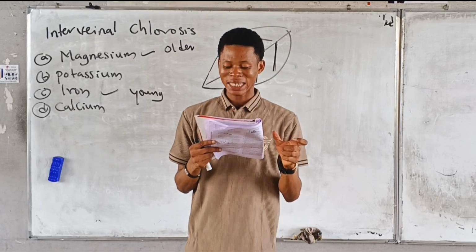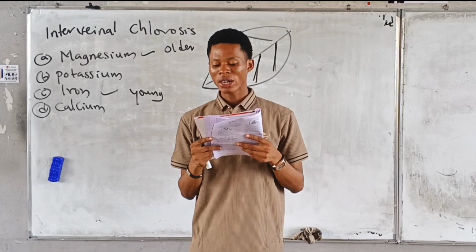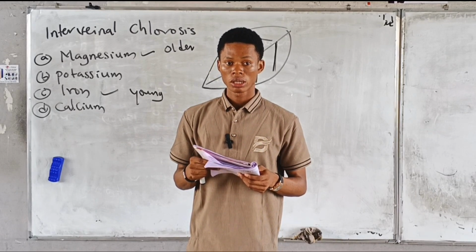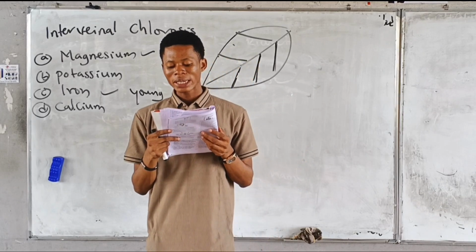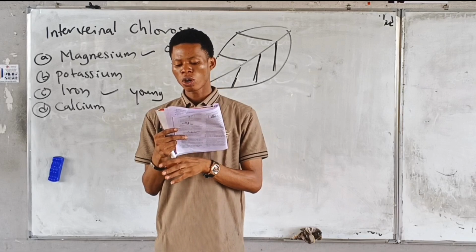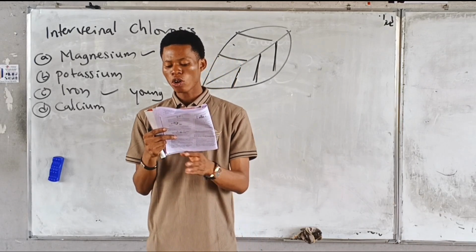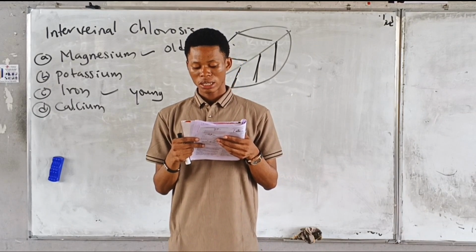Next question. When specimen X is mixed with few drops of iodine solution, the appearance of a blue-black color confirms that X is dash. Starch, right?